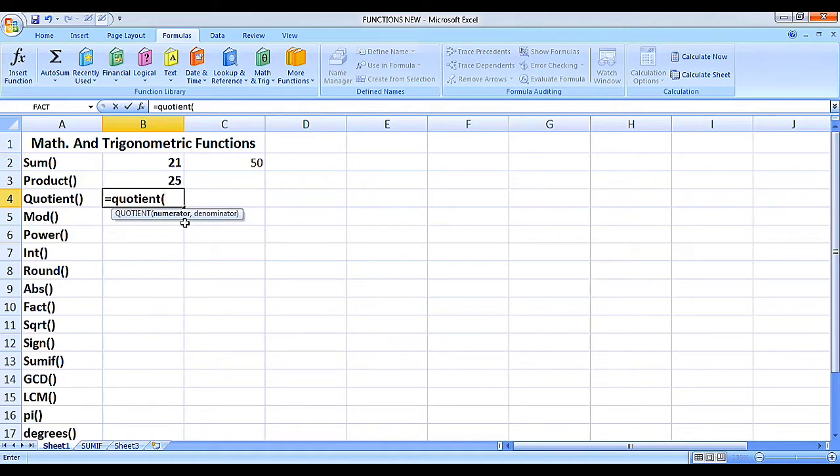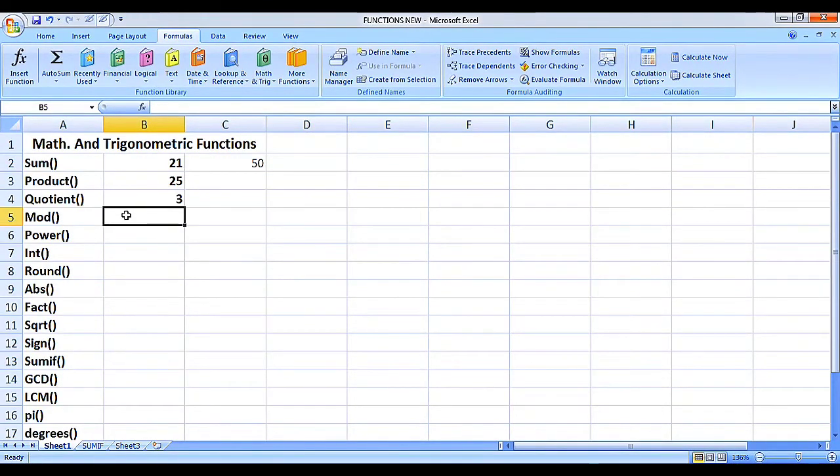It means you have to write both the arguments. Numerator is nothing but dividend. Denominator is the divisor. 10, 3. When you divide 10 by 3, the answer is 3.333. Here it will return only the integer part. So the answer is 3.